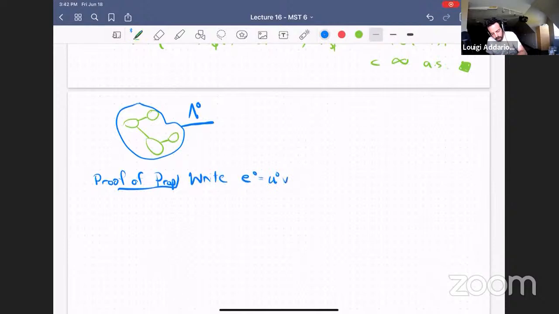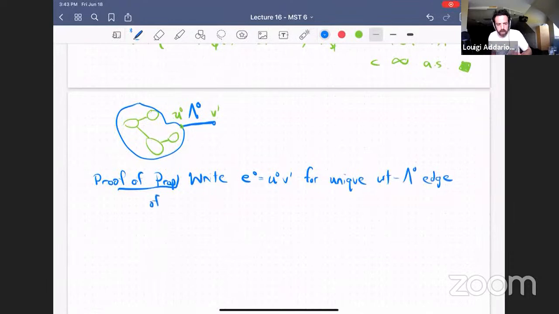So this is the edge U naught V1, the unique weight lambda naught edge of T infinity.